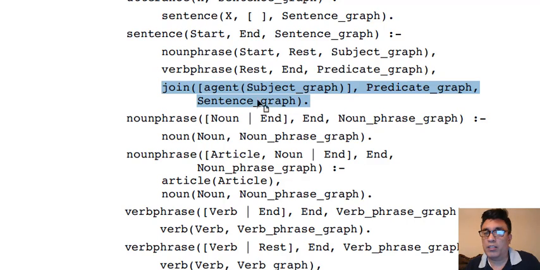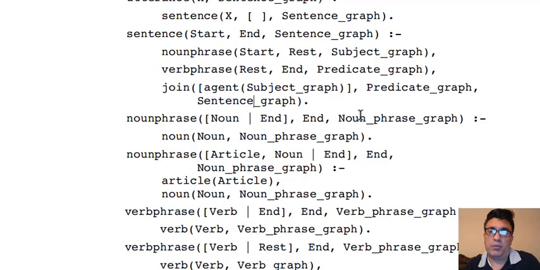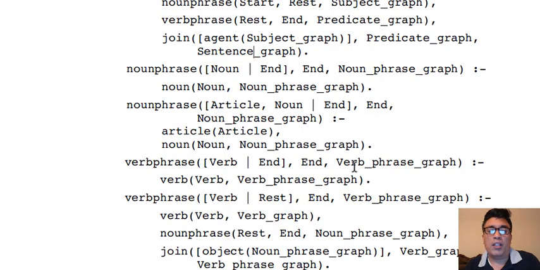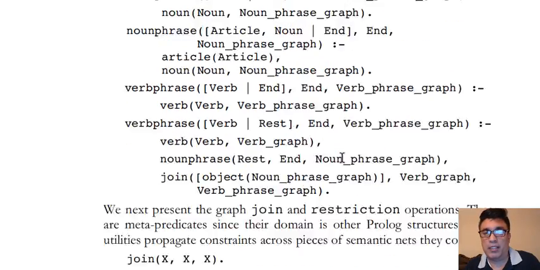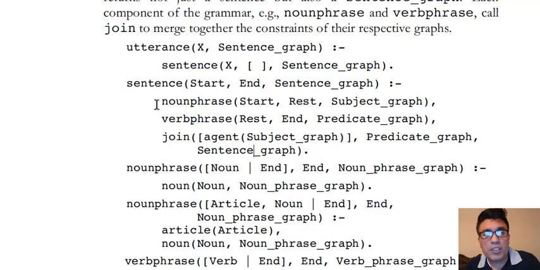So you can go and look into the details about how we join, how we merge those structures until we derive the final semantic graph. But you see here we got the same derivation of the rules.